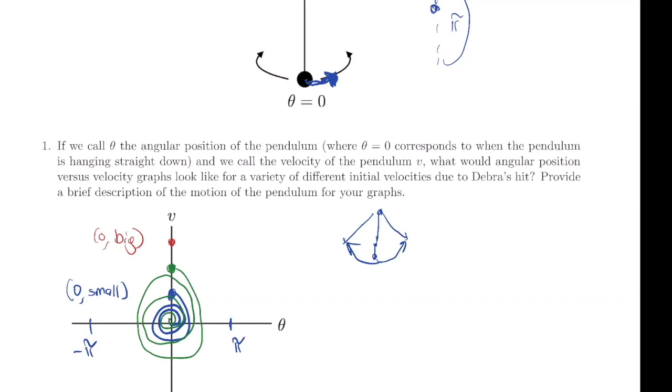Then suddenly we push it really hard, and this might be the case where we give the pendulum a big velocity, and it might rotate around a number of times before it settles back down at the bottom.